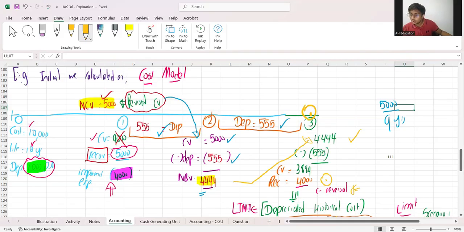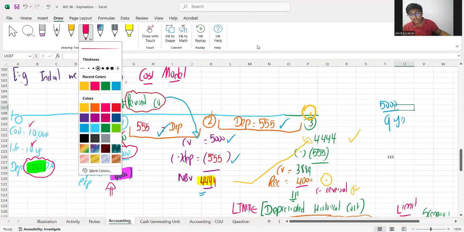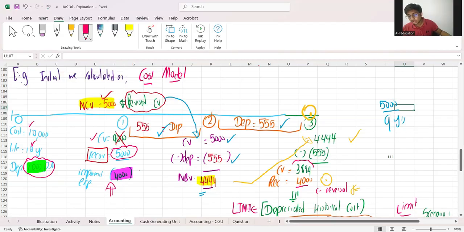From that, you will reduce your annual depreciation, which is 555, and you will end up with a carrying value of 3889. But your market value in year three is now 4000 rupees.